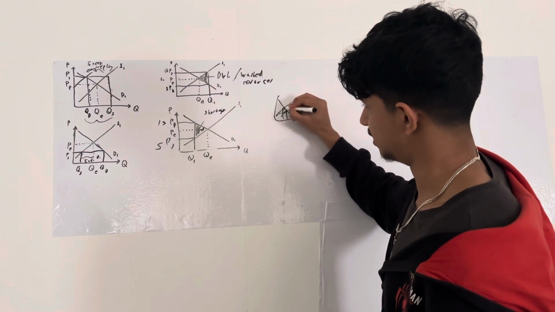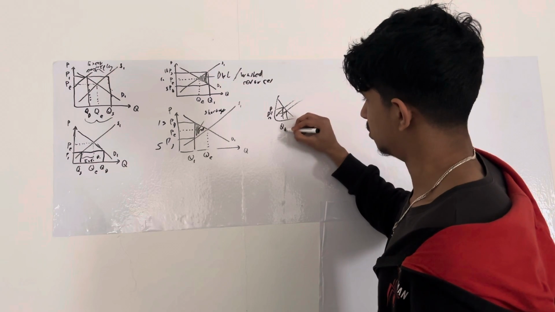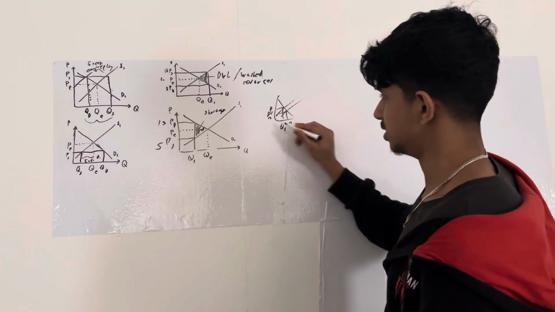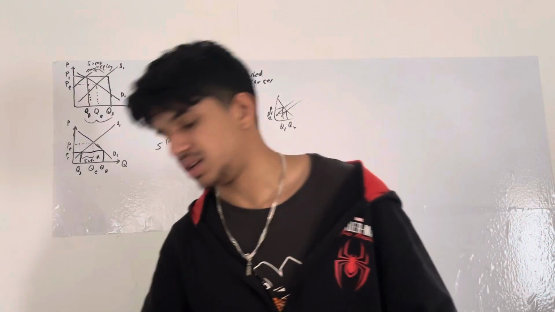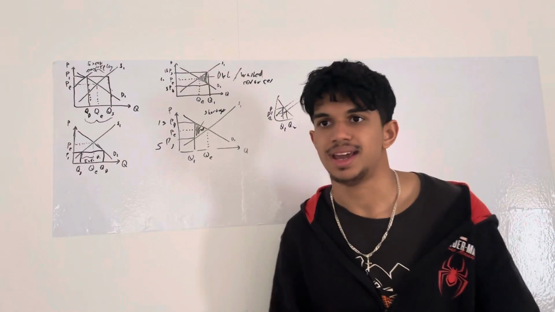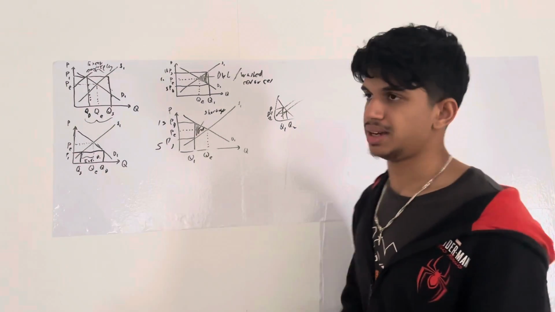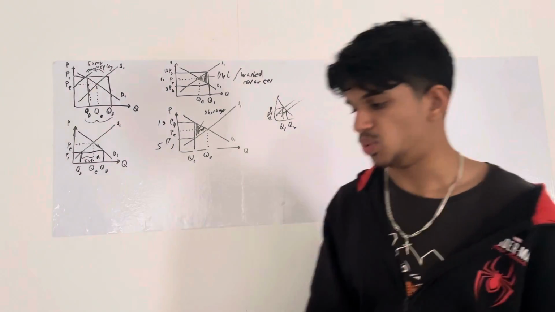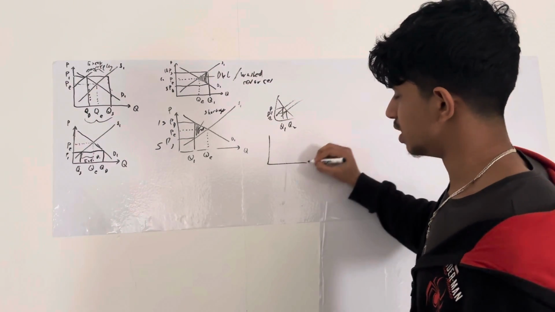As you can see over here in this little curve I drew, P2, P1, Q, Q1, Q2. There are more tomatoes in the market and they're being supplied at a lower cost. Assuming tomatoes are a core item that consumers buy, they're spending less of their income on tomatoes, and that means they have more income in general. With more income, they can buy more goods that they would otherwise not buy.